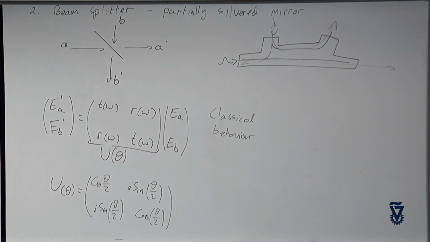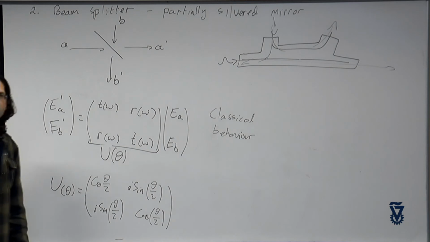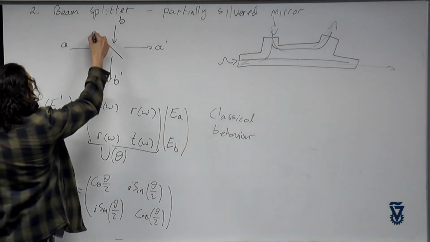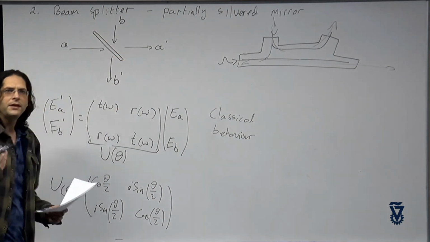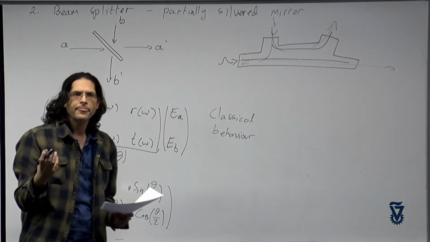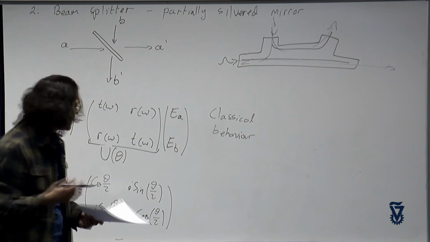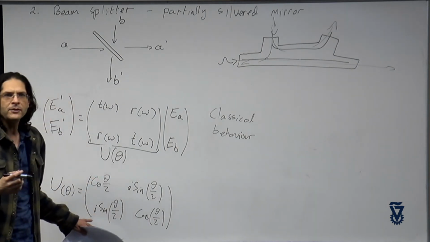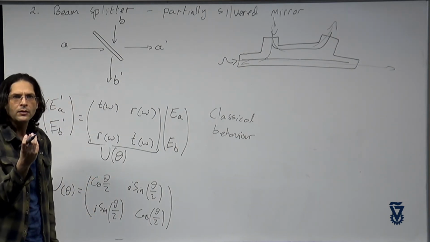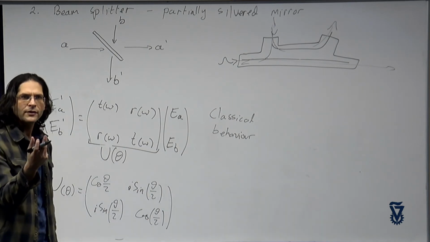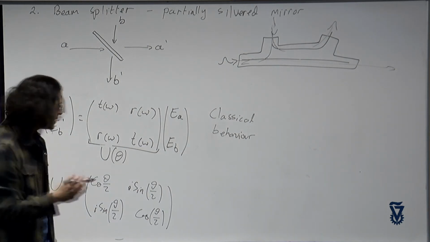Also, in general, you can add, because your light is coming in and this is made out of some material. This material has a refractive index which may not necessarily be 1. It means that it's going to add an additional phase shift, exactly just like a Z rotation.